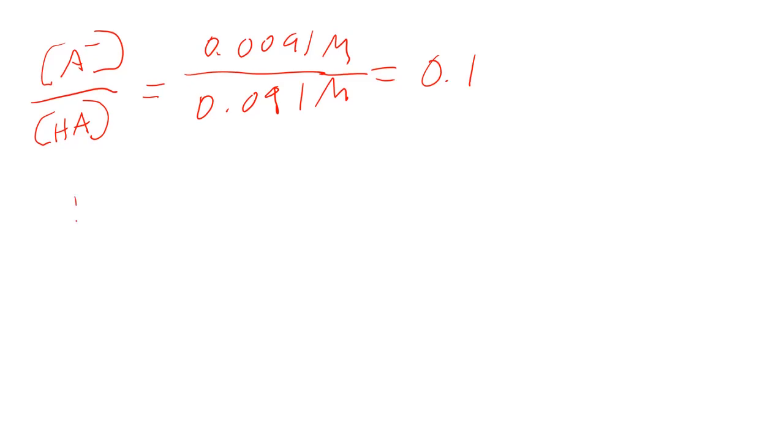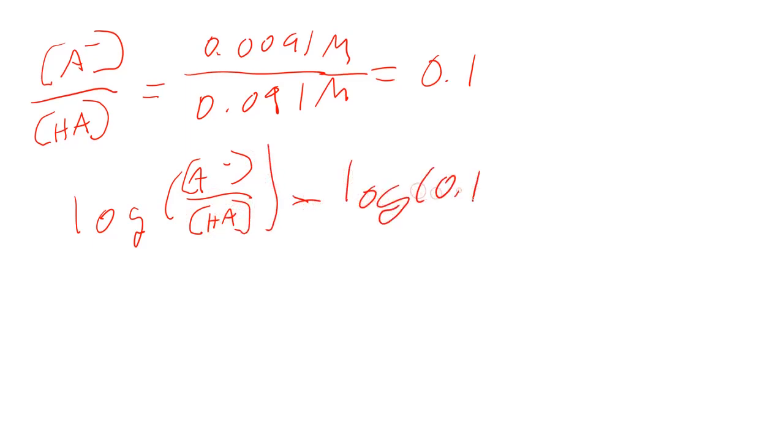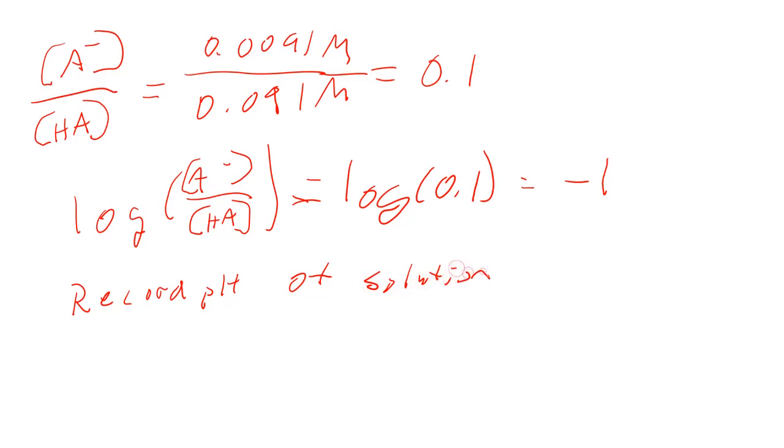And then in column 8 on your report sheet, you're going to take the log of A negative over HA, which is the log of 0.1. If I take the log of 0.1, I get -1. Then you will have recorded your pH when you created this solution and stirred it.